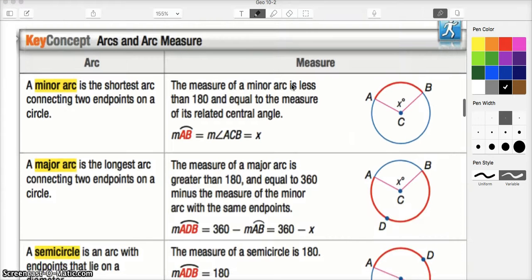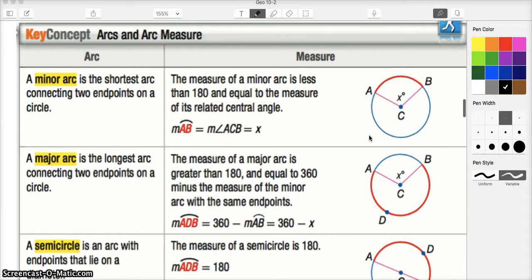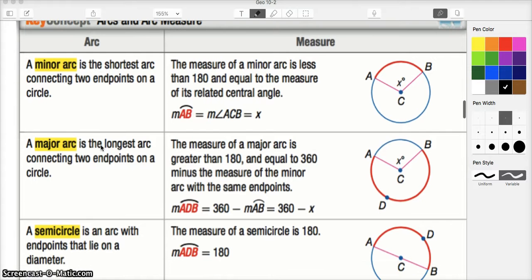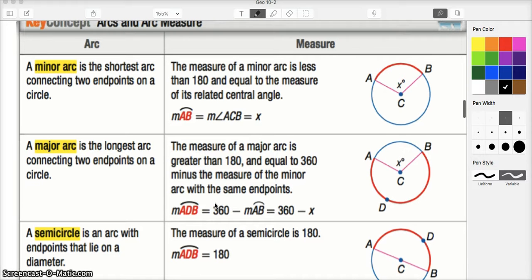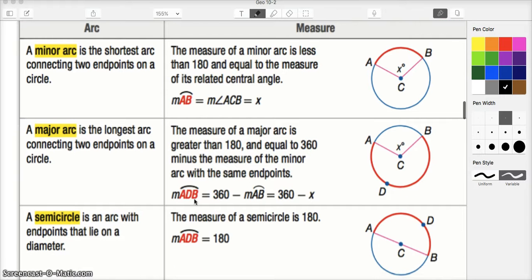So here's a little key concept map that comes directly from your textbook. Minor arc, less than 180. The central angle is less than 180, and you see two letters to refer to it. Major arc is the longest arc connecting those 2 points, and you see that they use 3 letters to represent it, when we choose D, a point between A and B inside the major arc.